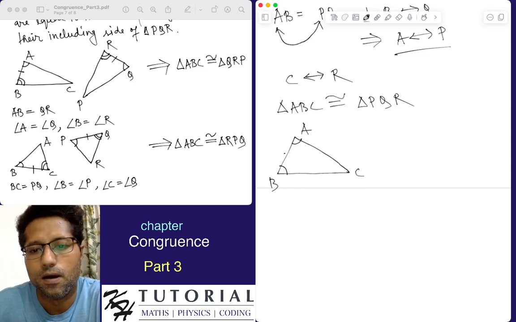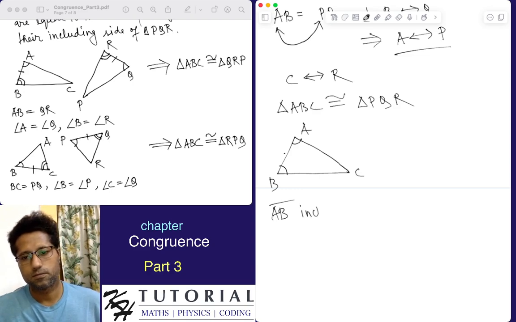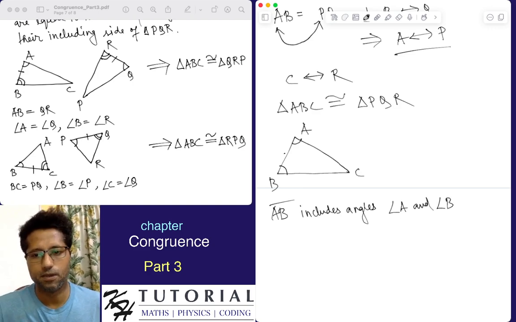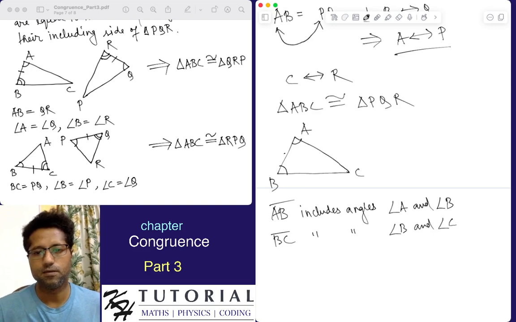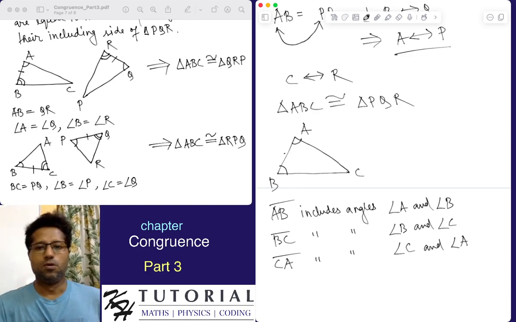So side AB includes angle A and angle B. Similarly, side BC includes angle B and angle C. Similarly, side CA includes angles C and A. This is just to give you what a side and its included angles are.